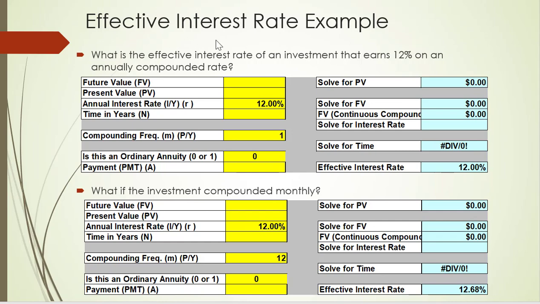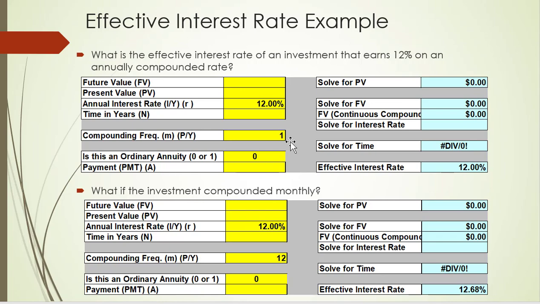But the nominal rate, the annual rate here, the I divided by Y or R, does not incorporate compounding of money. So if you compound once per year, you would earn exactly 12%, what the annual rate is, because you only calculate interest once a year.